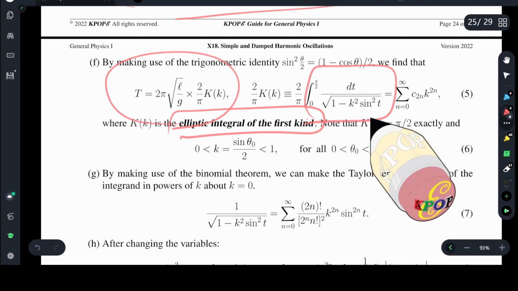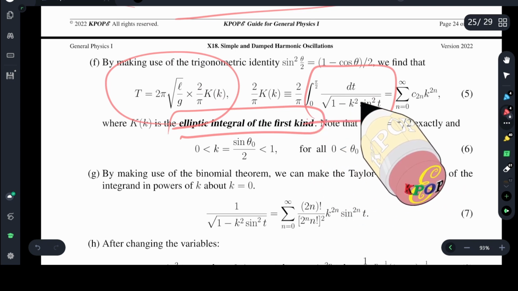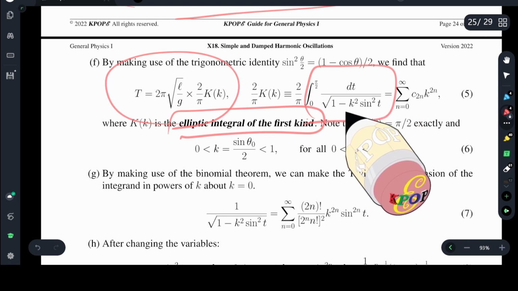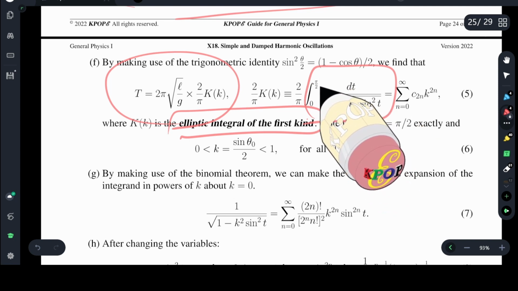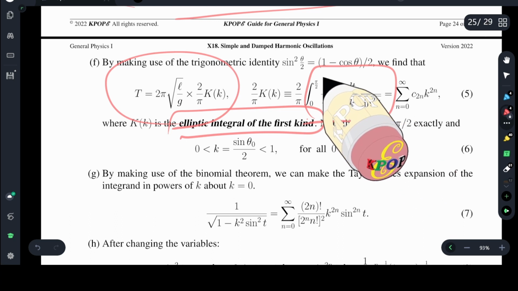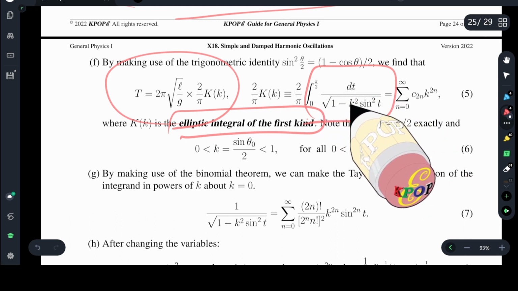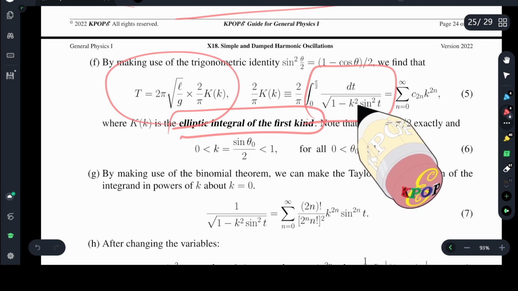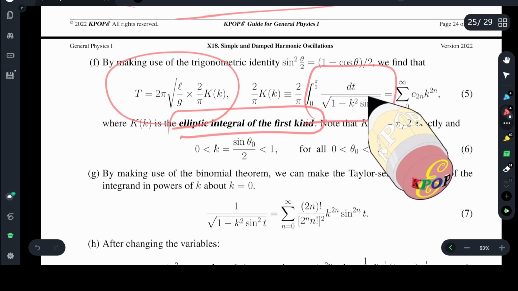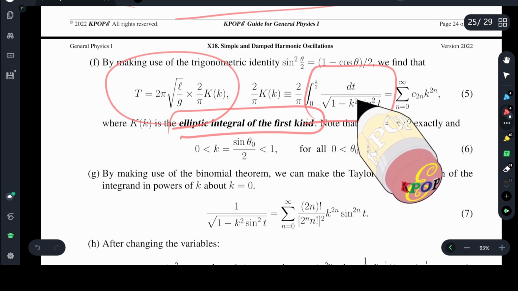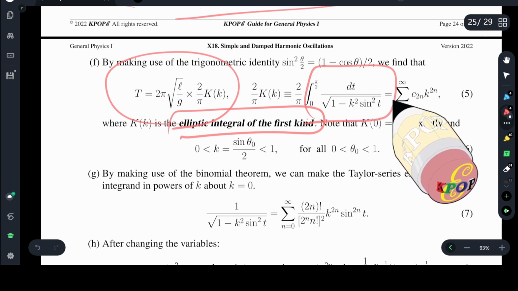And why don't we expand this one? You can see this half a pi. If we substitute half a pi, sine is cos 1. So if theta 0 is less than half a pi, then this number is less than 1.